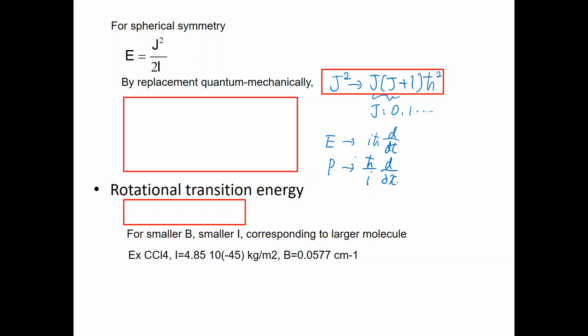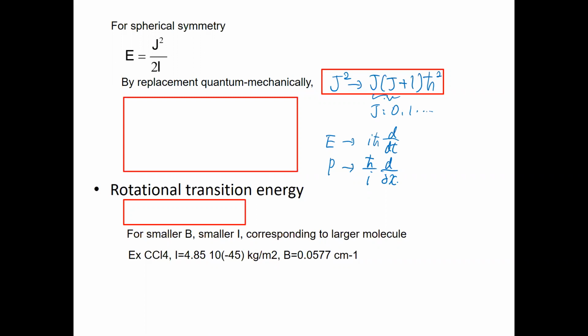So anyway, in this case, J squared is changed to J(J+1) h bar squared, which is the conversion, just taking the replacement from the traditional theory to quantum mechanics.